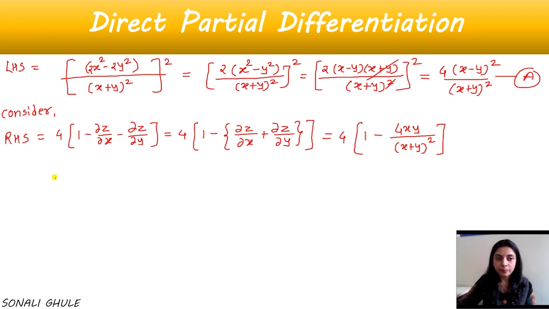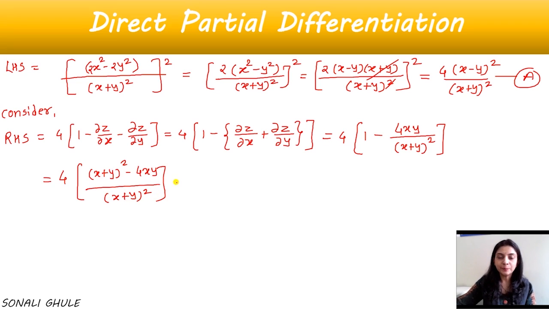Now here, cross multiply this. What I get after cross multiplying the terms? Let's check. X plus y whole square, right? Minus 4xy upon x plus y whole square, right? Now open this bracket.